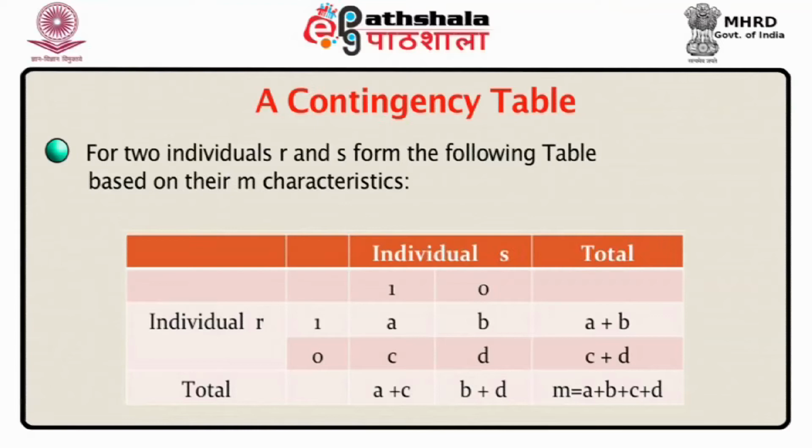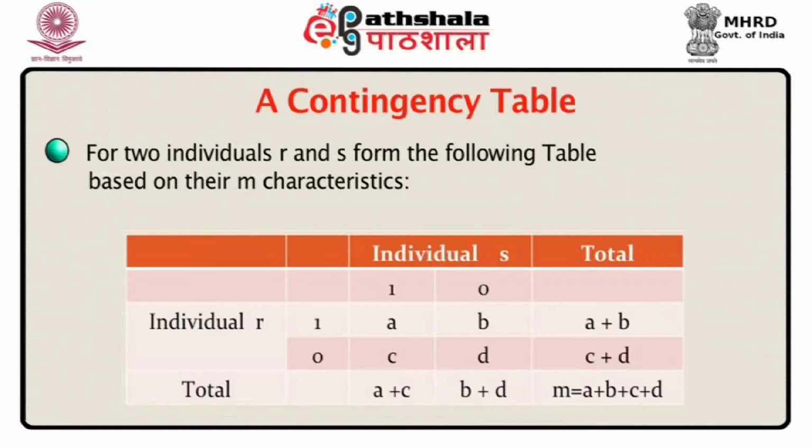So how many characteristics equal to 1 does R have? It is A plus B, and R has 0 type of characteristics for C plus D of the variables. Similarly, for S, we have characteristic 1 in A plus C of the cases and characteristic 0 in B plus D cases.